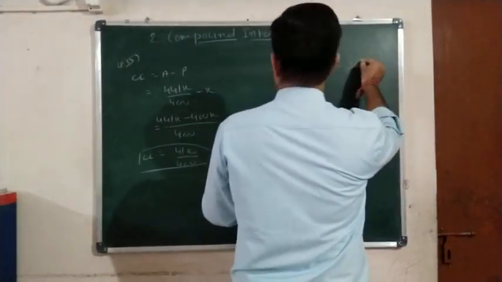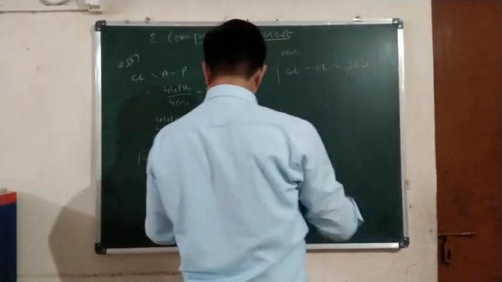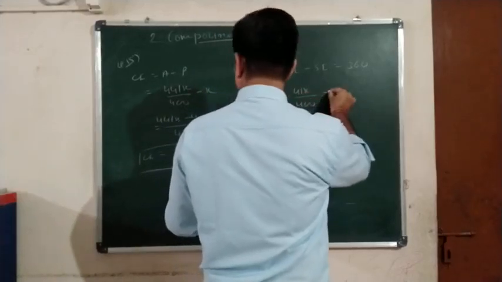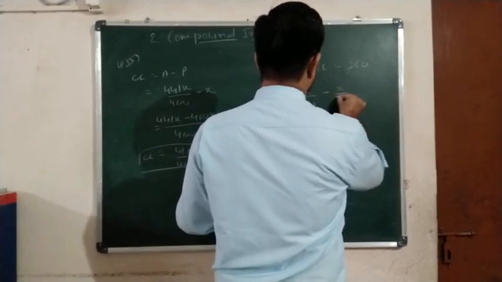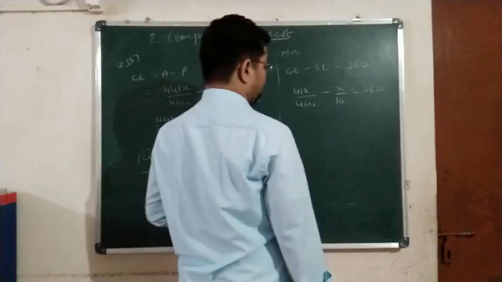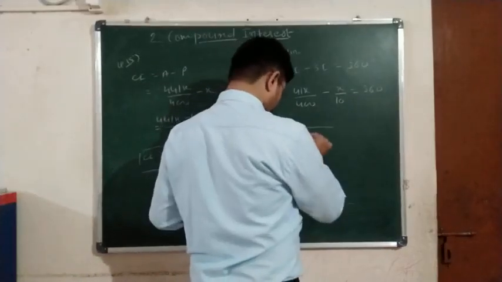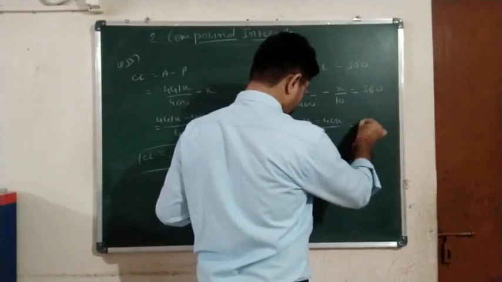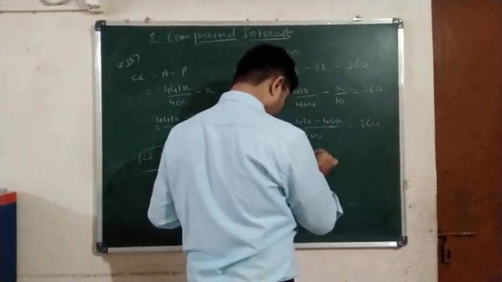CI is 41x upon 400 minus SI x by 10. Now we can simplify with 400. 41x minus 40x upon 400 is equal to 360.